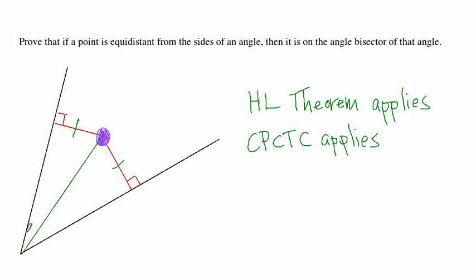Therefore, I can assume that these angles right here at the vertex are congruent. Well, that's the definition of an angle bisector, it chops an angle in half. So therefore, if the conditions of this proof are true, then the point is indeed on the angle bisector of that angle.